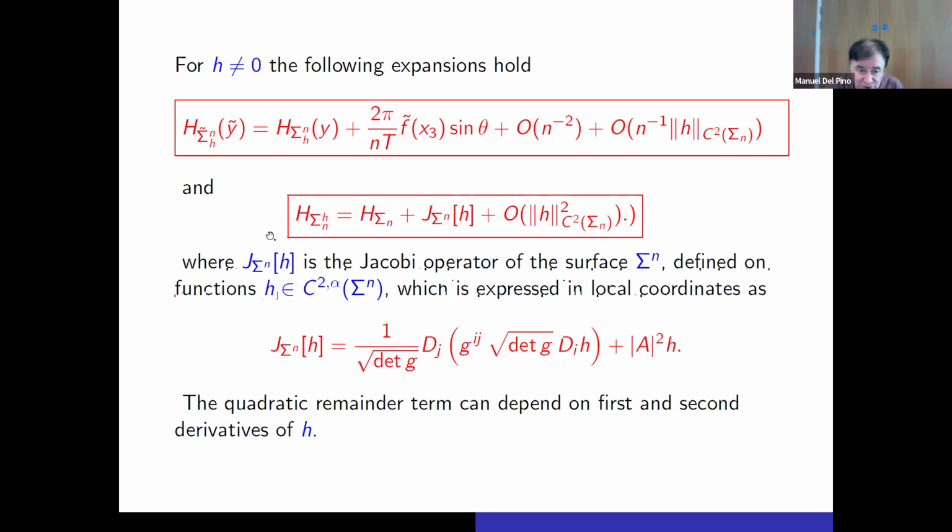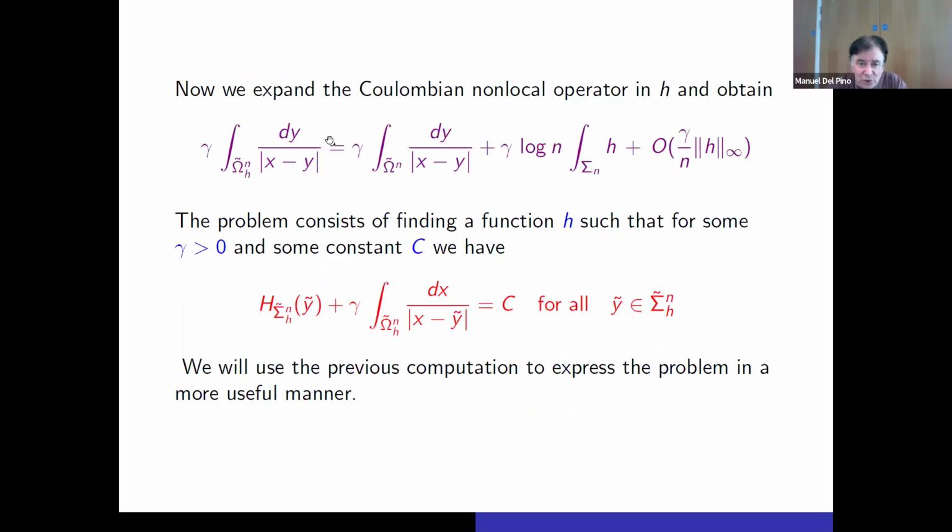In addition, this I also discussed before. Okay, we get this term that involves the Jacobi operator of the surface sigma n, which has this form. The Coulombian non-local operator, as I mentioned before, can be written in the form that I am describing here.